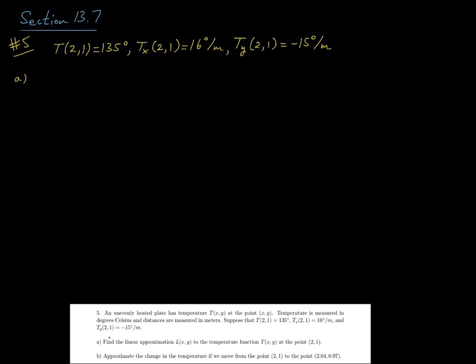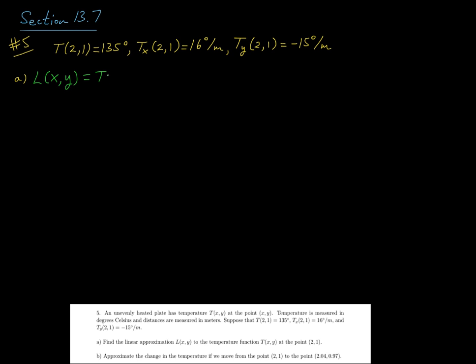Okay, part A says to find the linear approximation L of x,y to the temperature function T of x,y at the point (2,1). All right, so for the linear approximation, we have that L of x,y is equal to what?